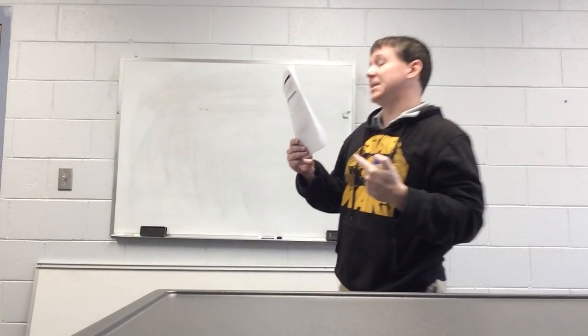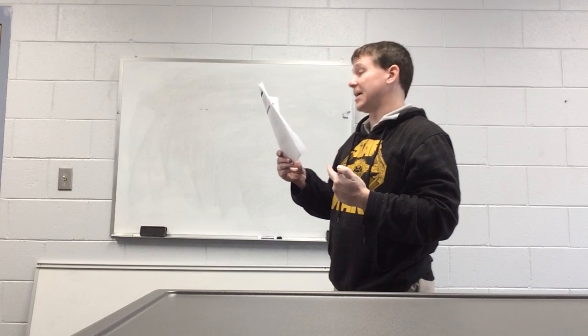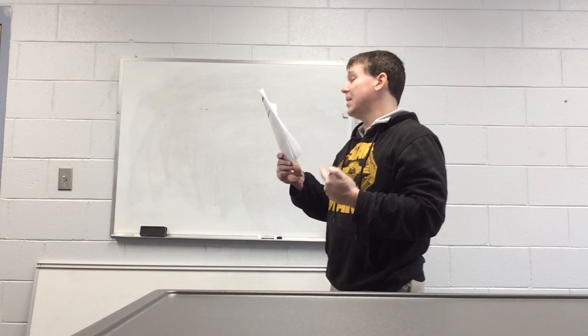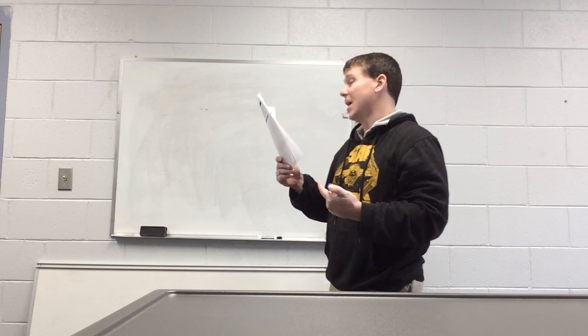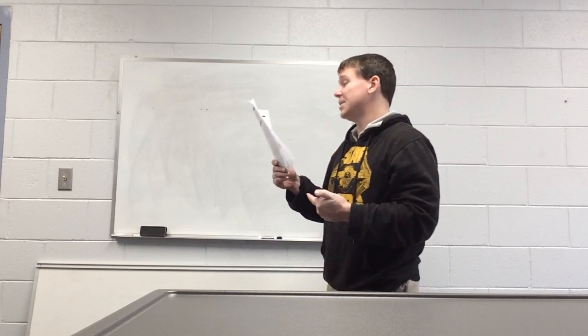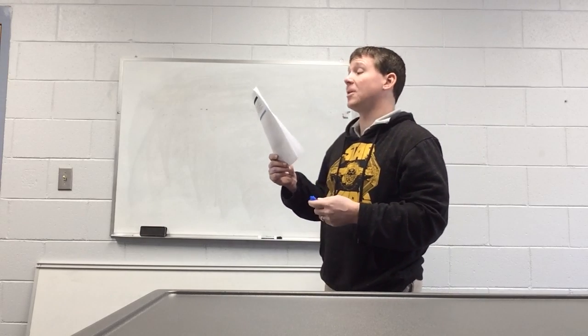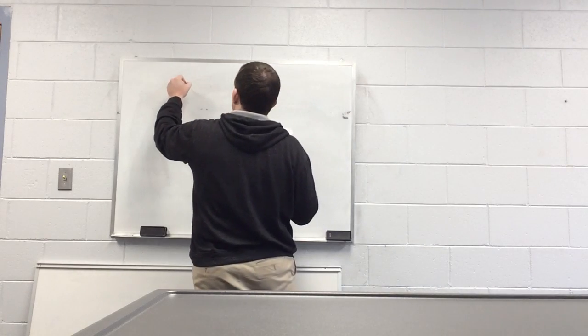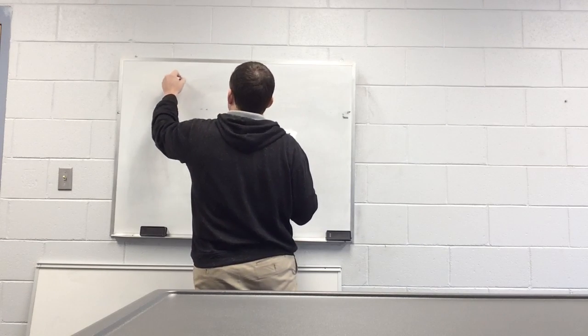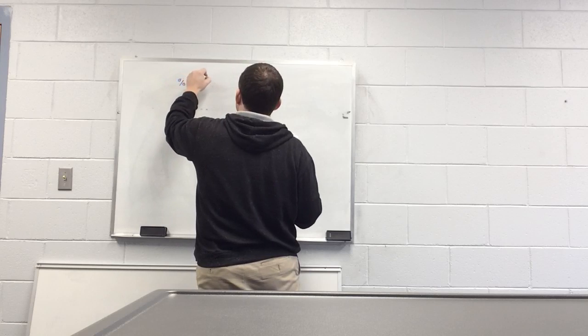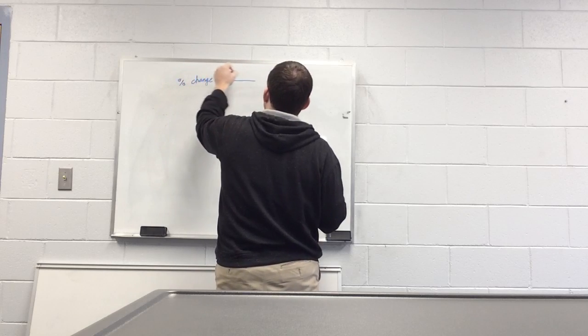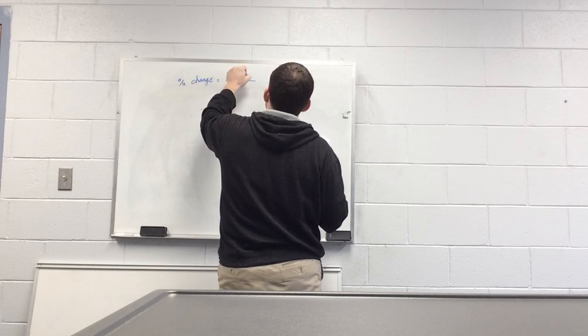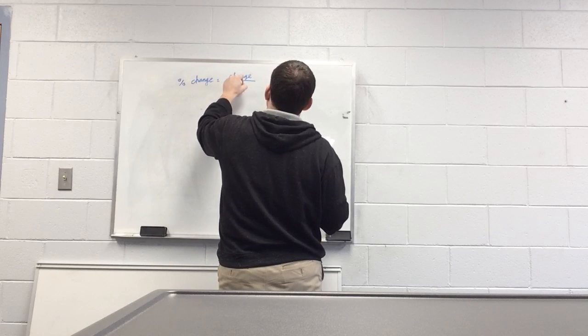Chris had 265 cards in his baseball card collection. He sold 183 of the cards to purchase a new iPod. What is the percent decrease in the number of Chris's baseball cards? So let's see. By definition, the percent decrease is just the percent change. We know it's change over original.